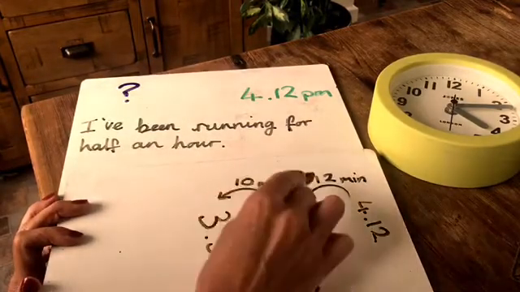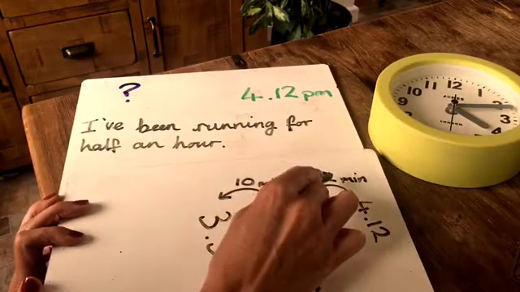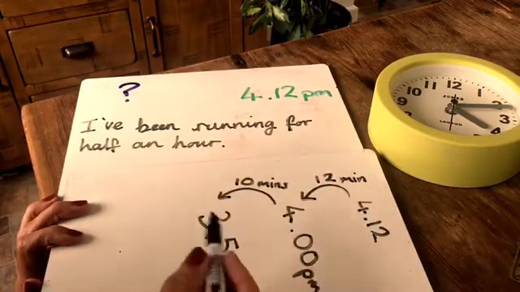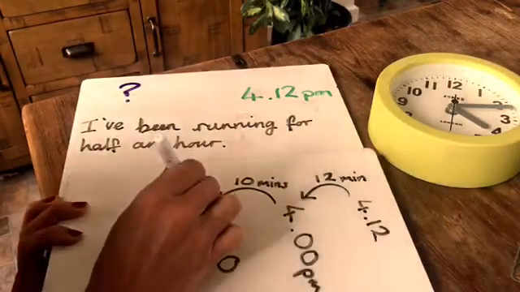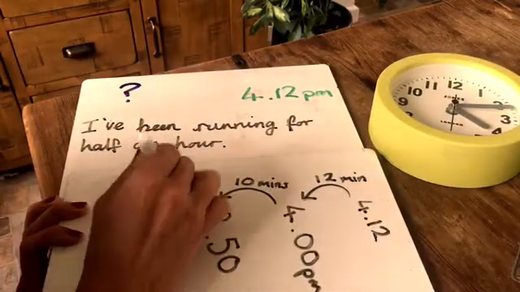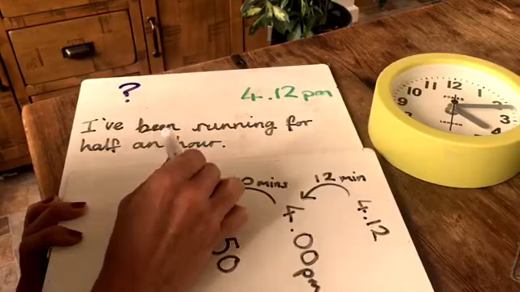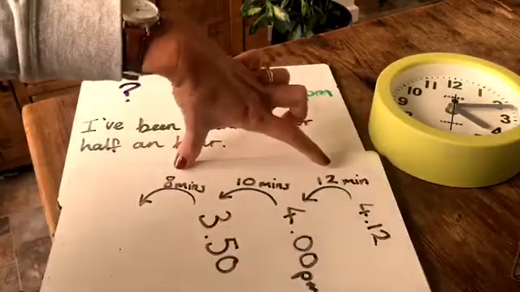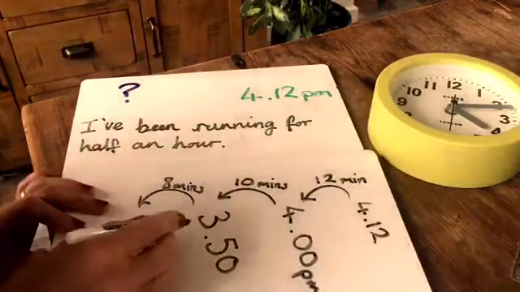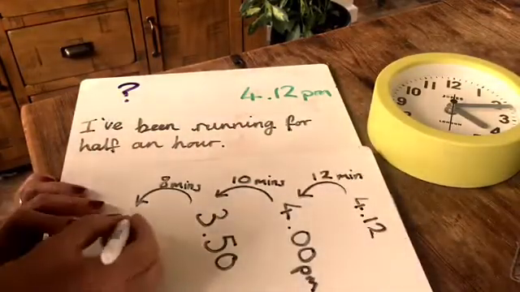So I've done a 10, a 10, and I can use this 2 to help me make another 10. So using my number bonds to 10, I know that 2 and 8 make that third 10. So I'll take away the 8 minutes, because then there will have been a 10, a 10, and a 10, 3 lots of 10. So 3:50 take away a further 8 minutes.